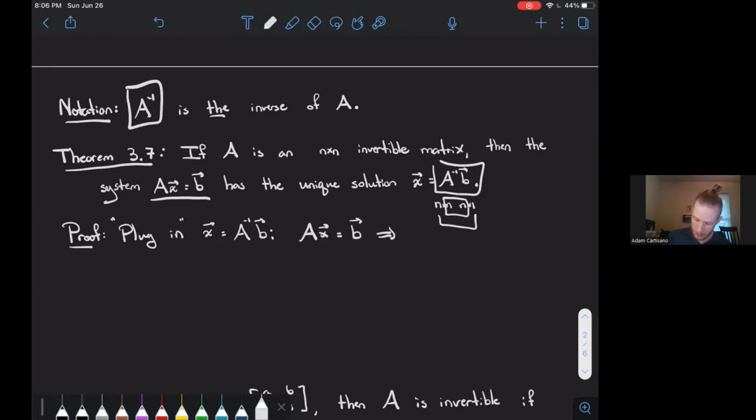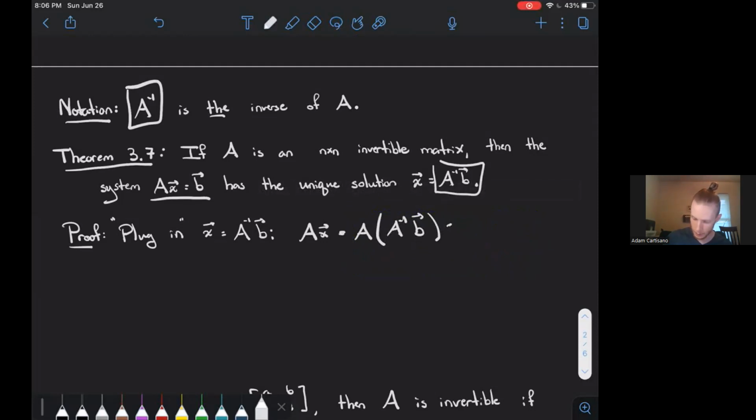This is the same as saying A times A inverse B. Let's just simplify our work. What do we get for AX when we plug in this thing for X?